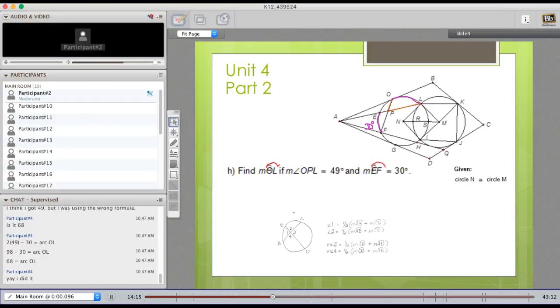Yep, it is going to be 68. But in order to get credit on this test, I want you guys to show your work. So let's work it out. So we know that OPL is 49. How is it going to help us?